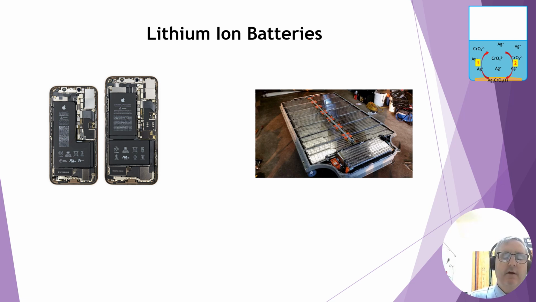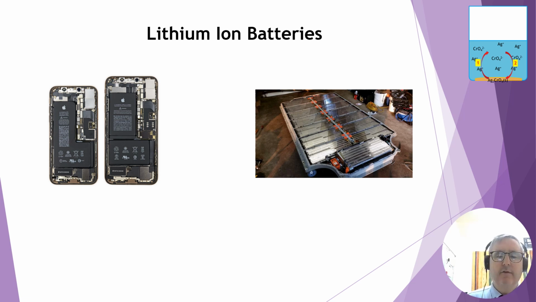Now, lithium-ion batteries, electric cars, phones, these are supposed to be new technology, green technology. This is all true, but the production, the recycling, and the disposal of these can cause pollution in our waterways.